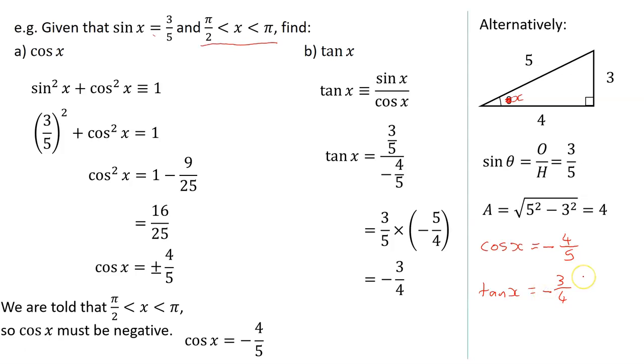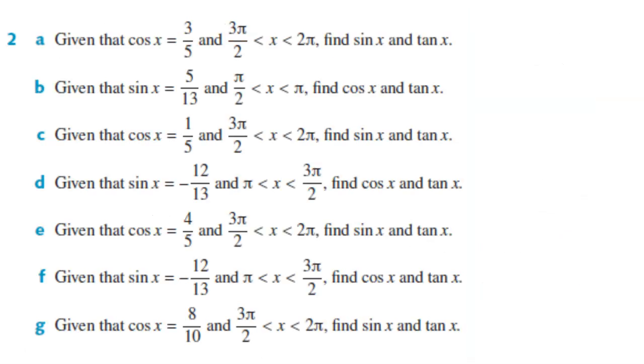So you can use this method as well. It's just really important that you don't forget to check whether it's going to be positive or negative. Have a go now at these questions using either method. For me, there's the wrong answer in the book for question D, but yours might have been changed. Thank you very much.